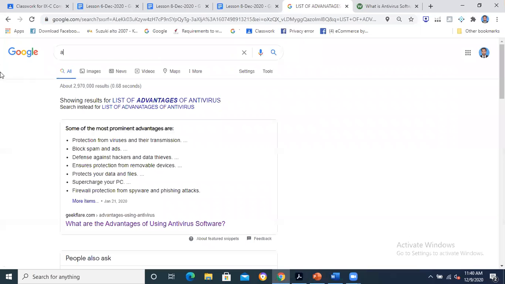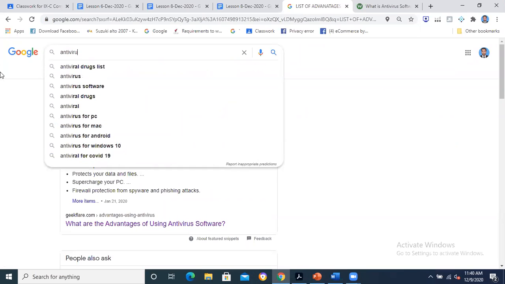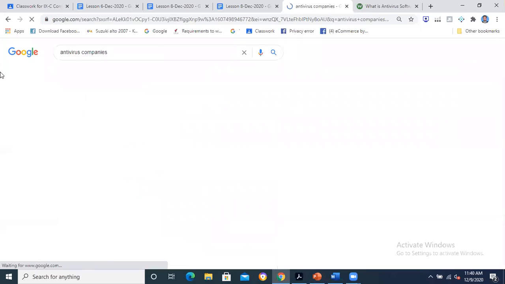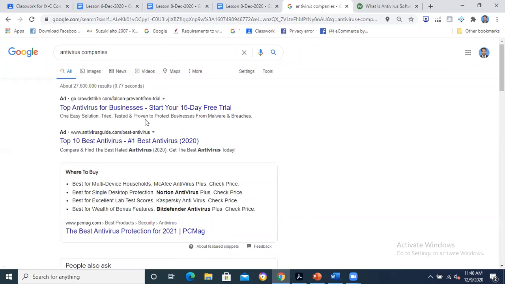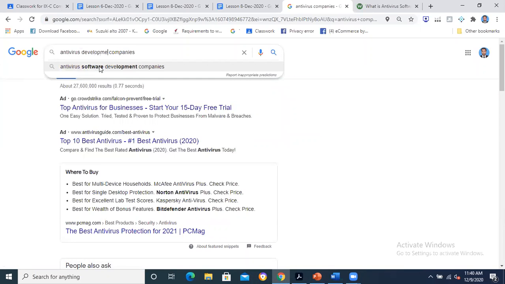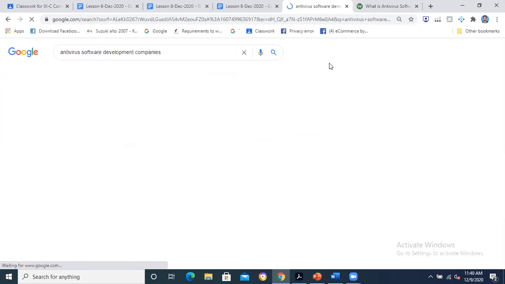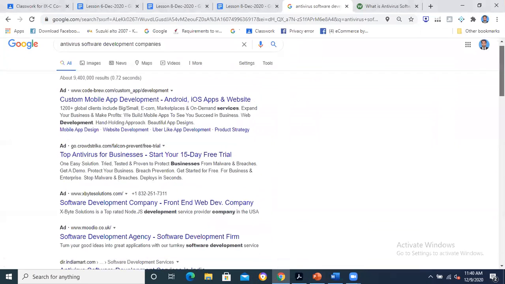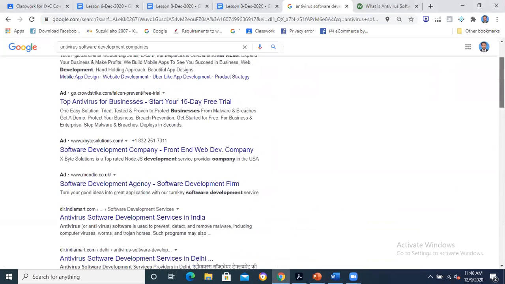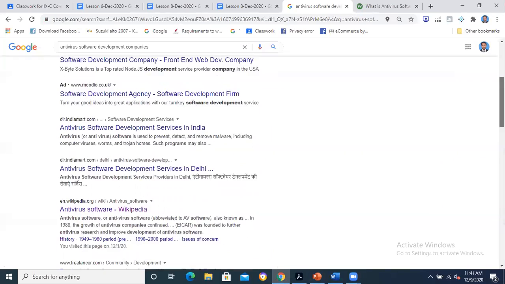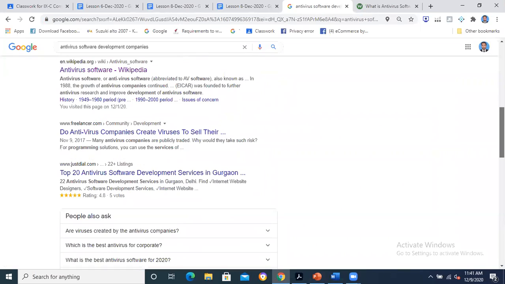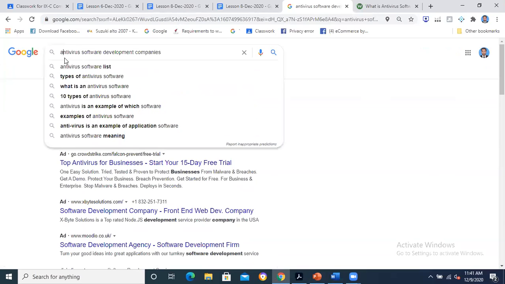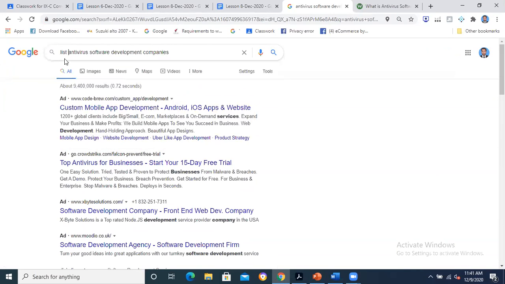If you go and write antivirus companies, you're going to see that there are a number of antivirus software development companies dealing with it, and you will be able to find a list of the companies.